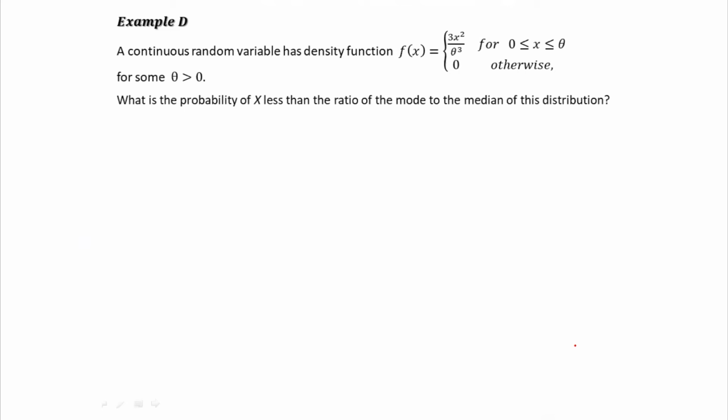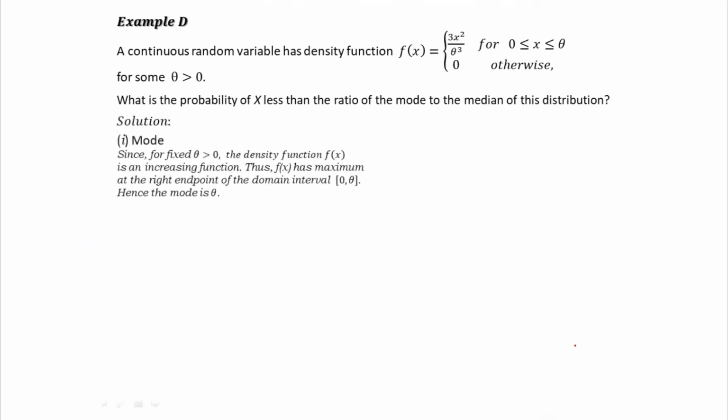Otherwise, the value is 0, for some theta that is greater than 0. What is the probability that the random variable x is less than the ratio of the mode to the median of this distribution? Now, let us first solve for the mode, because in this question we are asking for the probability of the random variable being less than the ratio of the mode to the median of this distribution.